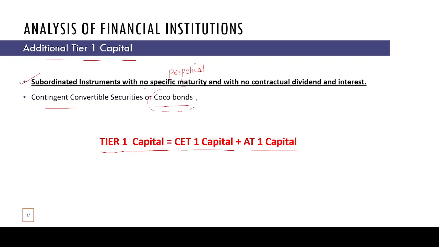So the decision to write down these COCOs rather than converting them into equity raised a lot of anguish among COCO bondholders. Although we are saying that the first to absorb losses should be equity, in the most recent past these bonds were written off before equity was written off. Okay, so this is our discussion for the day, guys.